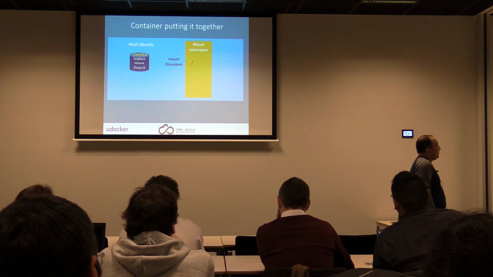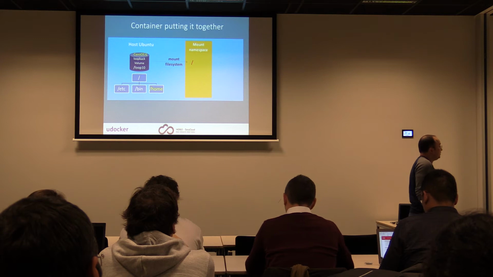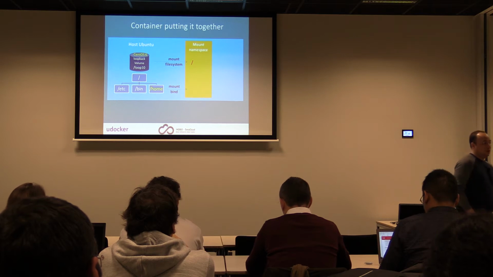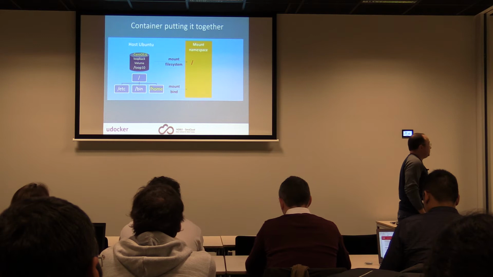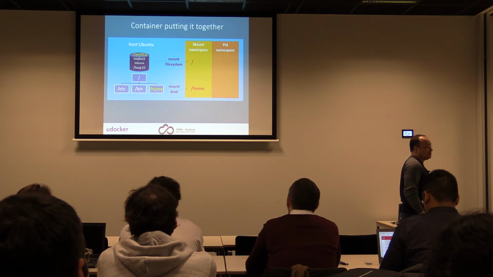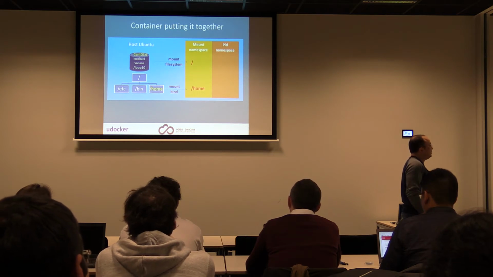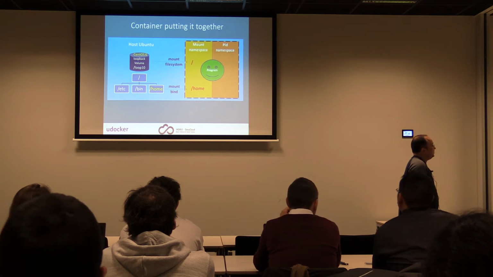You say, from now on, this is your root inside the container. You also can bind your own home inside the container if you want to have access to some data. You can define some PID namespace to provide isolation. And then you start the container and run your program.